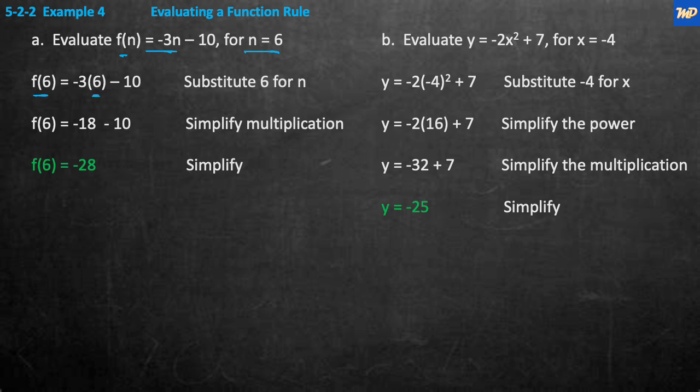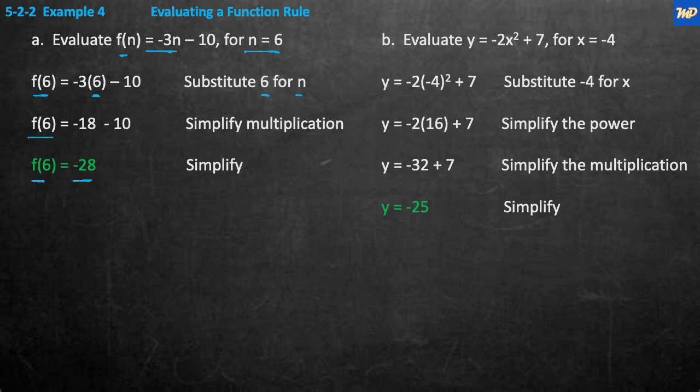We substitute the 6 for the n, and then we solve it. So f of 6 equals negative 3 times 6, which is negative 18, minus 10. Simplify the multiplication, and what do you get? F of 6 is equal to negative 28, because negative 18 minus 10 is negative 28.